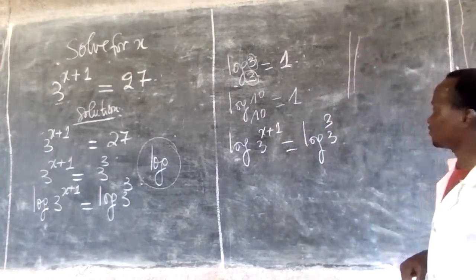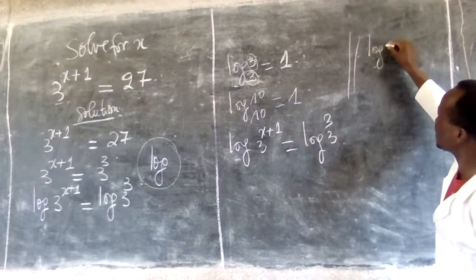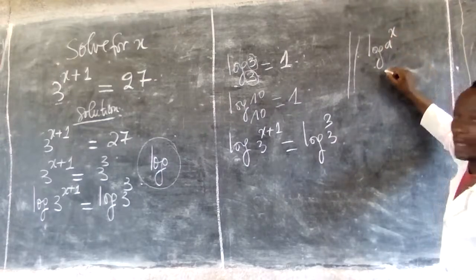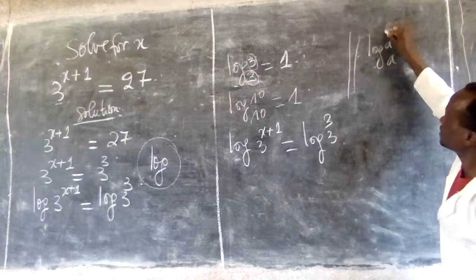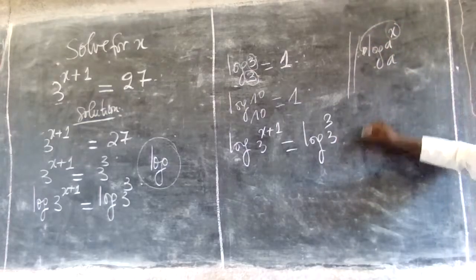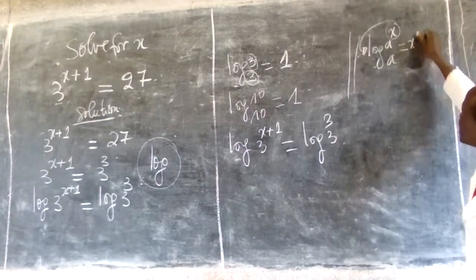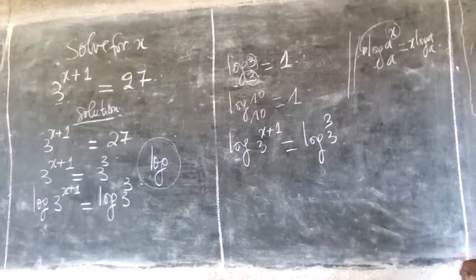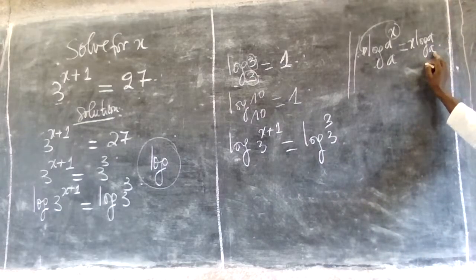Also, another thing you have to remember: if you have, for example, log of a power x, then this x will come here and we remain with x log of a in base a. You see here?